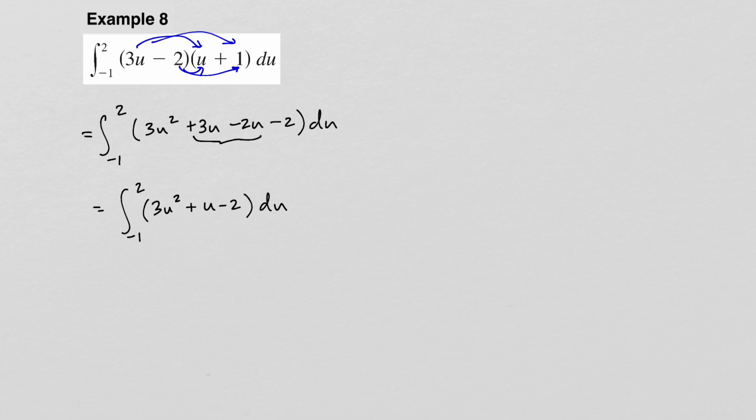Okay, now we have a simple polynomial, so we will just use the power rule to take the antiderivative. So 3u to the 2 plus 1 is third power divided by third power. Plus, then we have u to the 1, so that's going to end up being u squared divided by 2 for the antiderivative. And then minus 2 times u, right? The antiderivative of a constant is that constant multiplied by the independent variable here.